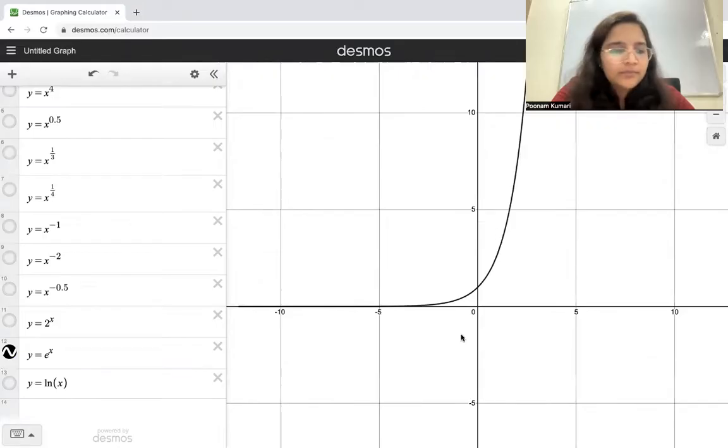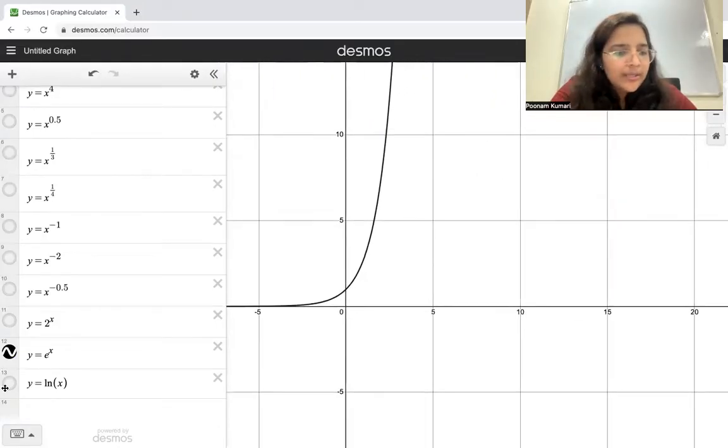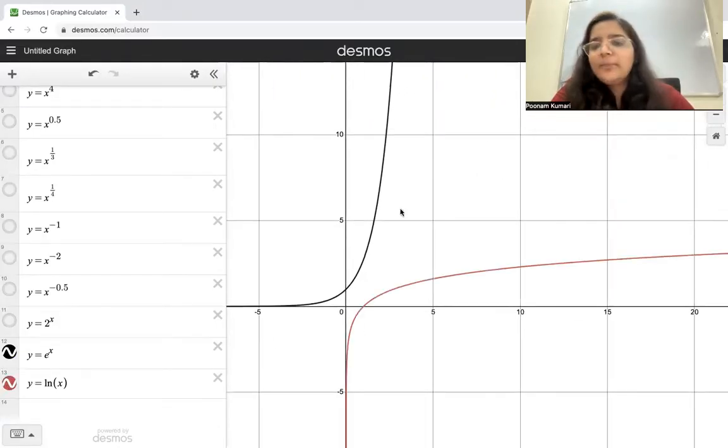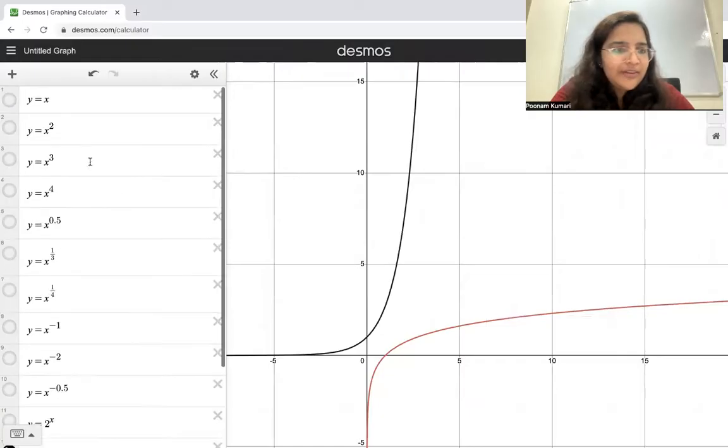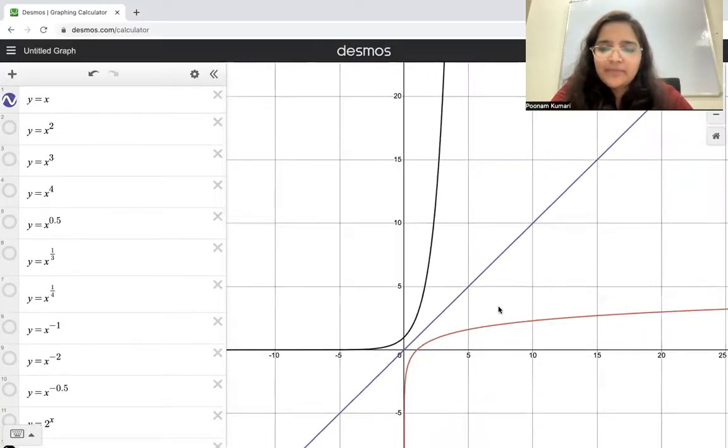सो ओके. So if you see these two functions, हम क्या देख रहे हैं? They are also kind of a mirror image of each other. Along what line? So if I again go back here, so you see, अगर मैं इस लाइन पे मिरर रख दूं, and if I just see the reflection of this particular graph on this side, I will get exactly this log graph.